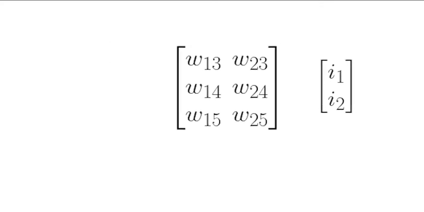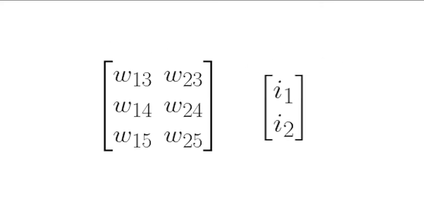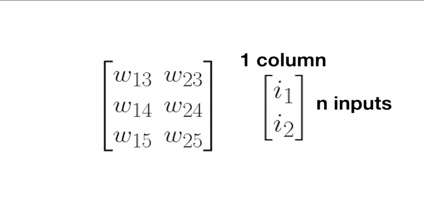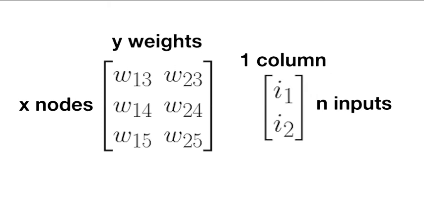So in our case, we will not be using very complex matrix operations. We take in a 1 times n inputs matrix and multiply it with a matrix full of weights with a row of x nodes and n weights. The important thing to note is matrix multiplication is not commutative. Matrix A times matrix B is not necessarily equivalent to matrix B times matrix A.